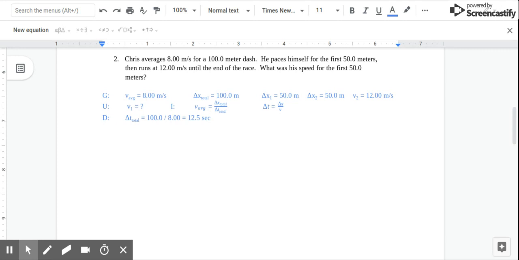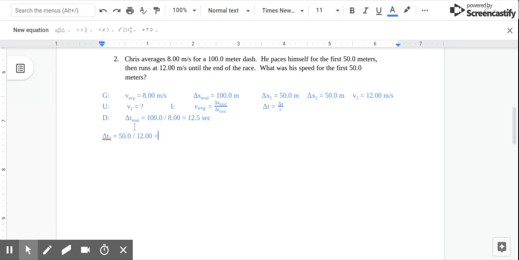Then I'm going to find change in T2, because I have the speed and the distance for that. So change in T2 is equal to distance, 50.0, divided by the speed of 12.00.